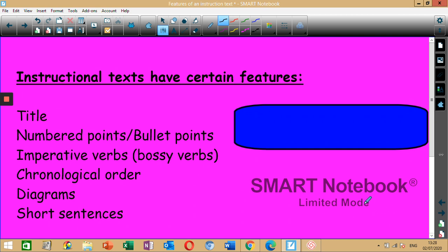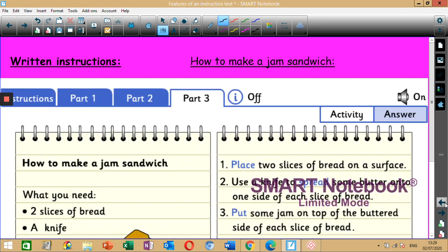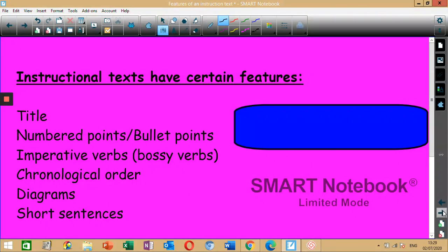So let's look at the features that these instructional texts have, and you can see whether you spotted those features in the instructions that we just went through. So we have a title. So the title, our title was how to make a jam sandwich. We have numbered points and bullet points.